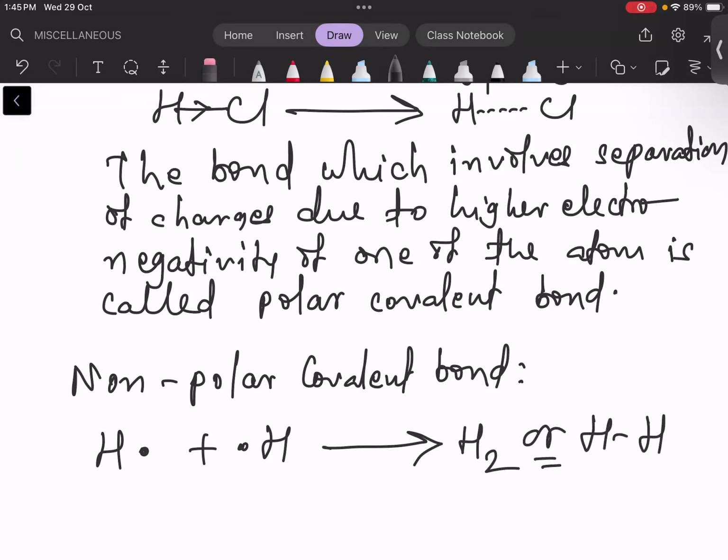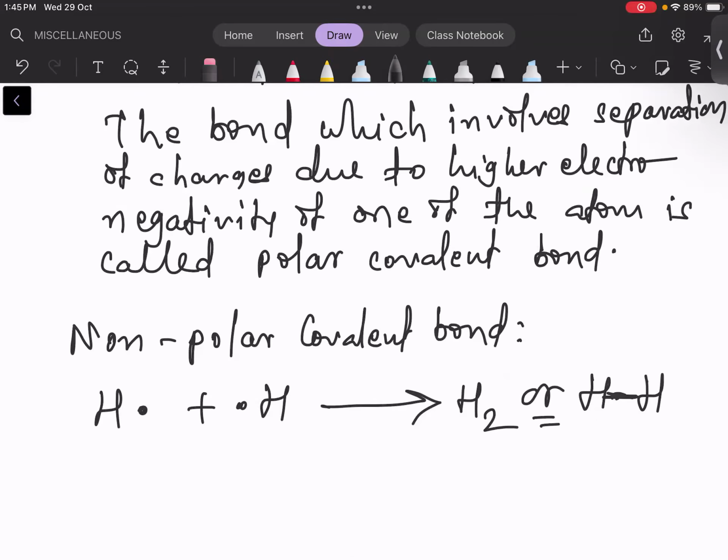Hydrogen molecule, right? In this case, both are hydrogen atoms, so the electronegativity is exactly the same. So the shared pair of electrons is not pulled by either atom, and there is no formation of charges.